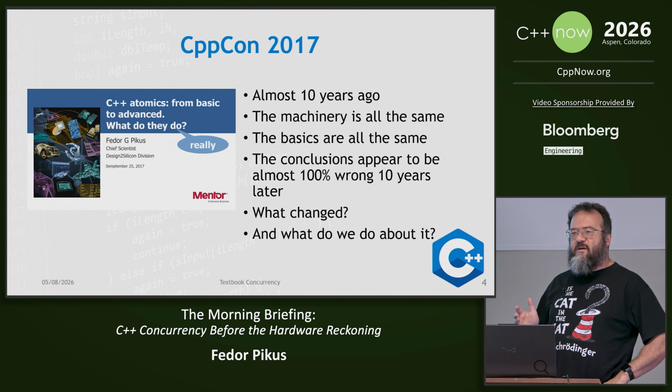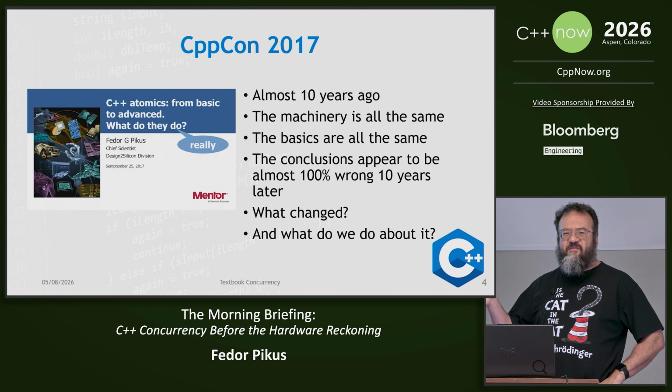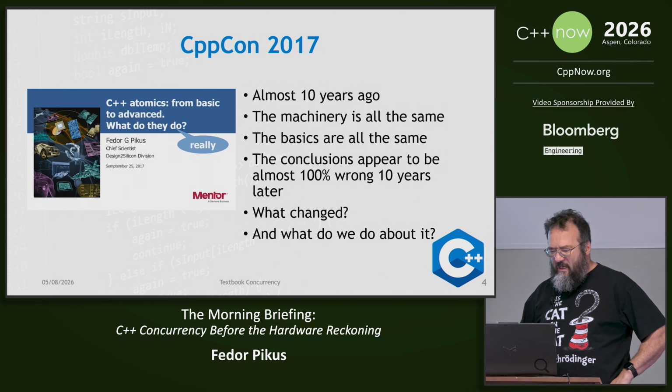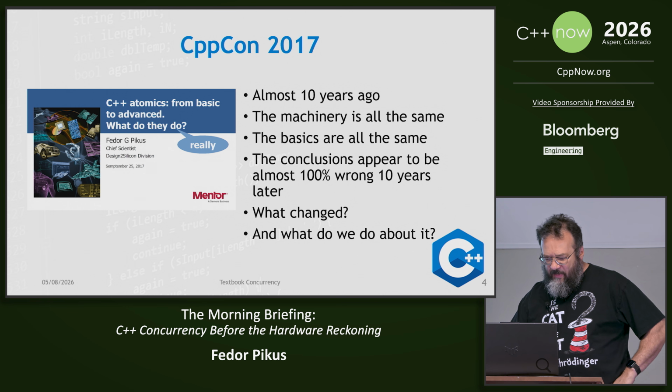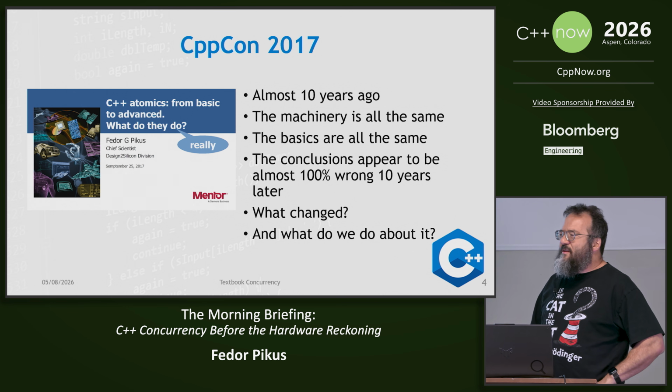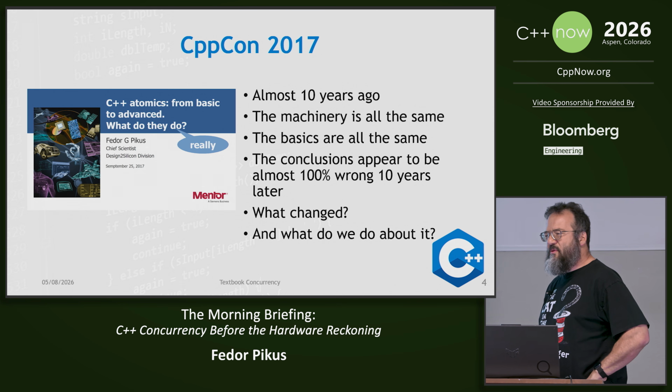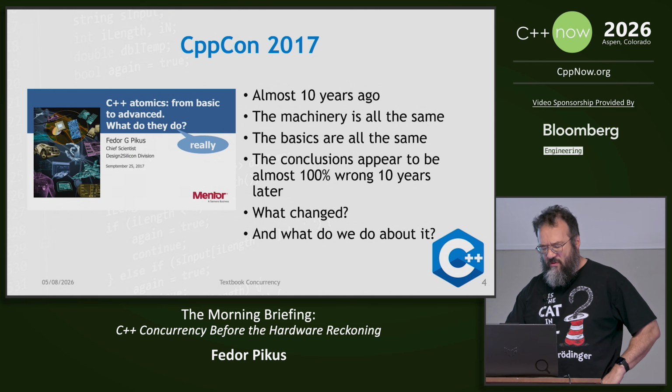C++ added some extra stuff, but fundamentally, more of the same. The only thing that changed was that most of what I was saying about how to do things fast is actually wrong.